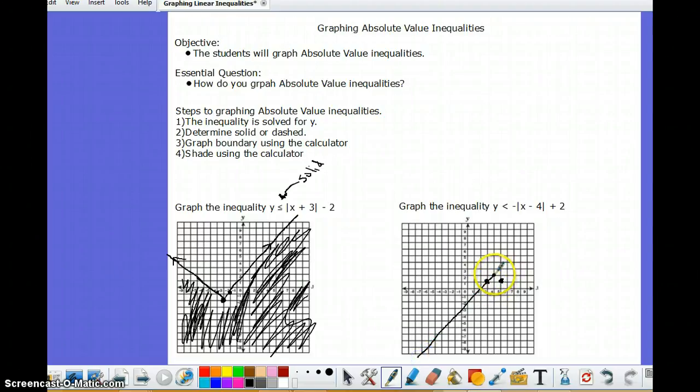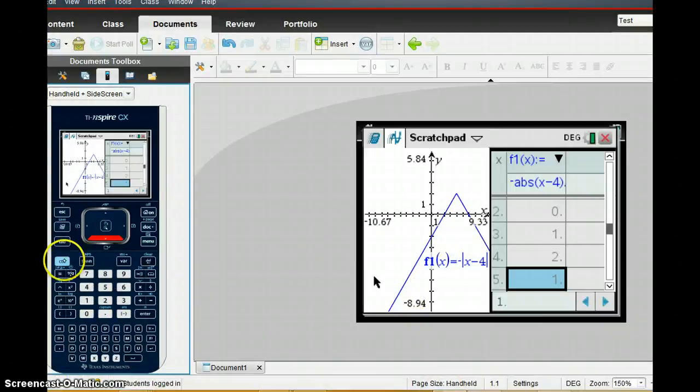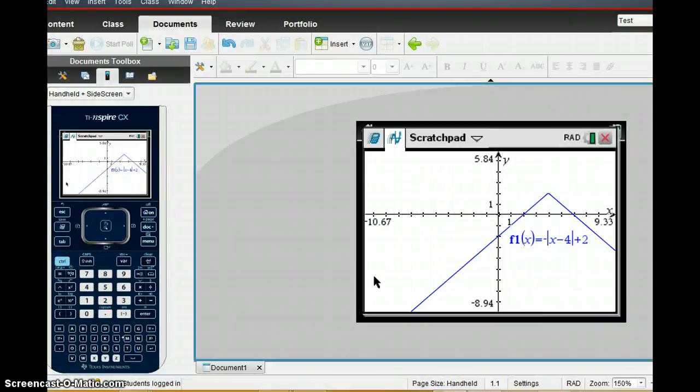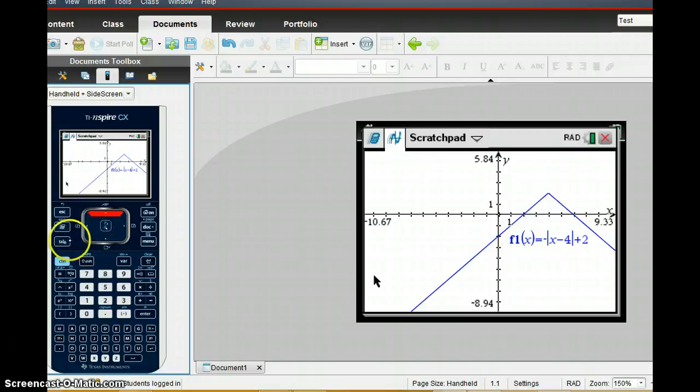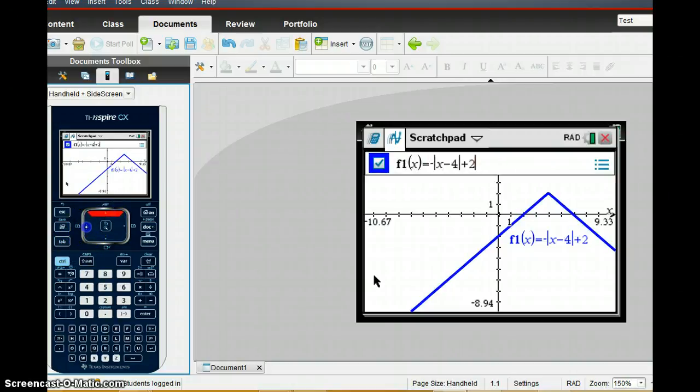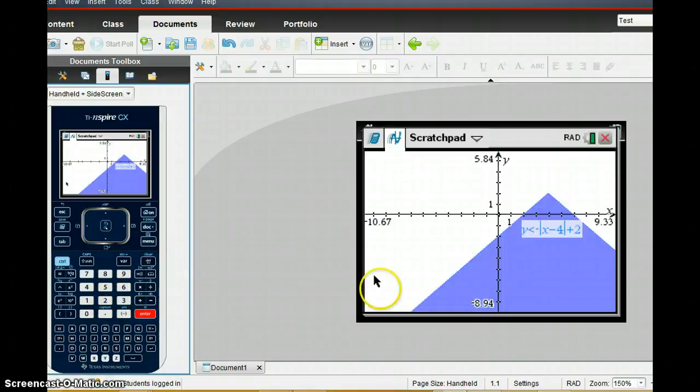Extend it all the way out. Less than should be this space here. So let's go back. Get rid of the calculator. Tab, come back up, change that equal sign to the one we want, which is less than 2, and oh yeah, remember it's dashed, huh?